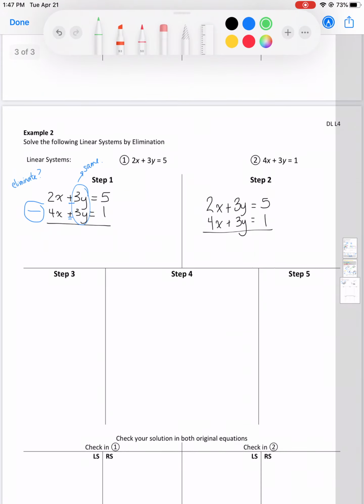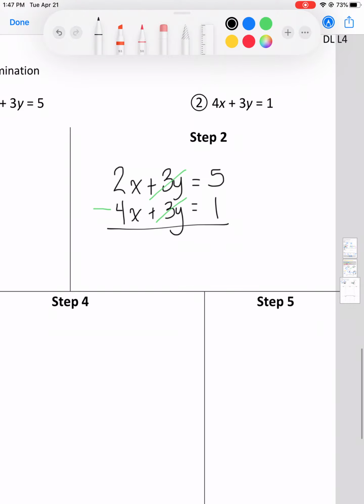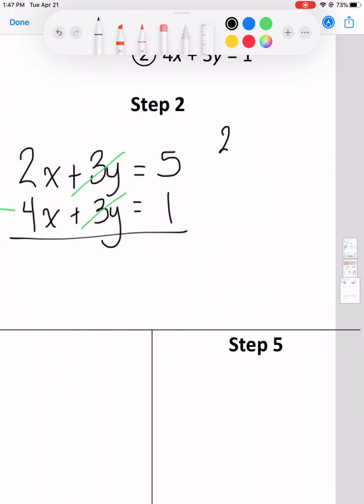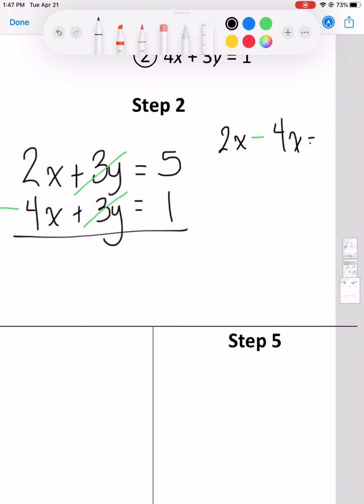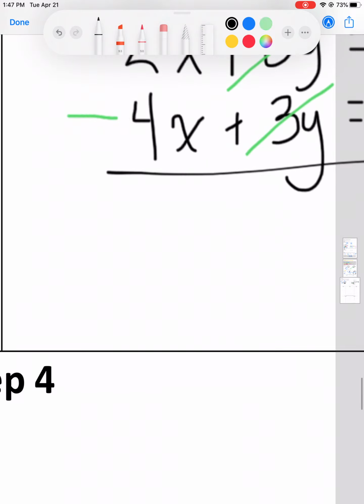We determined we're going to subtract the 3's, right? So because we know that we're eliminating these, we know it's just going to be 0. Okay, so I'm not even going to bother anymore. So now we're going to do 2x minus 4x. If you need to write it out straight, you can. What does that give me? Negative 2x. So I'm going to write that down there.